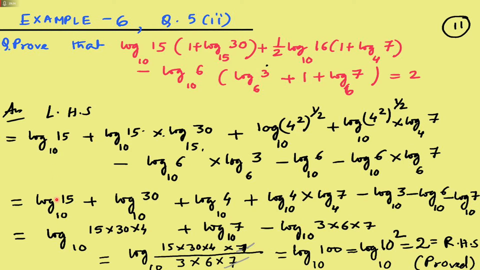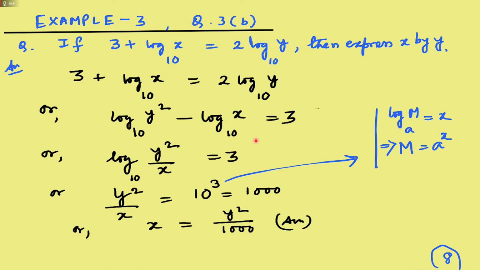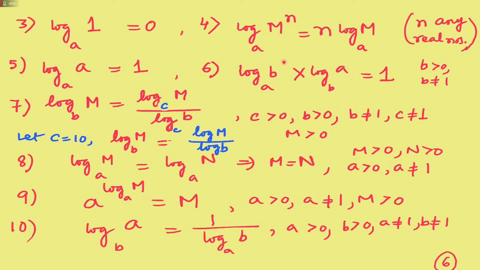Now just copy this number and these will give you log 30 base 10 using this relation. Or this type of relation, log m base c is equal to log m base b into log b base c.